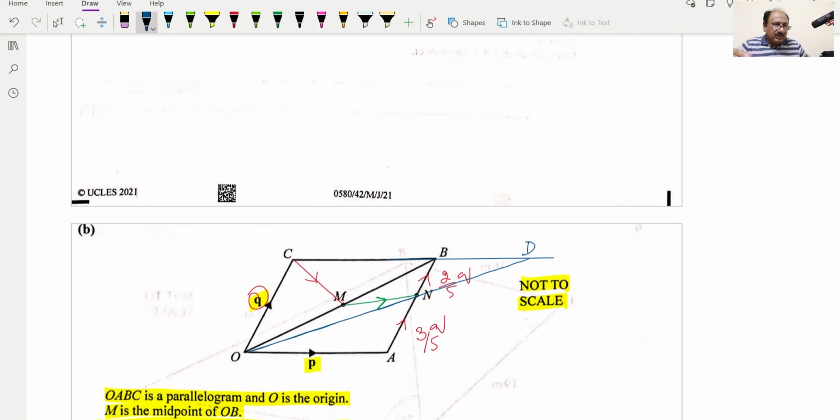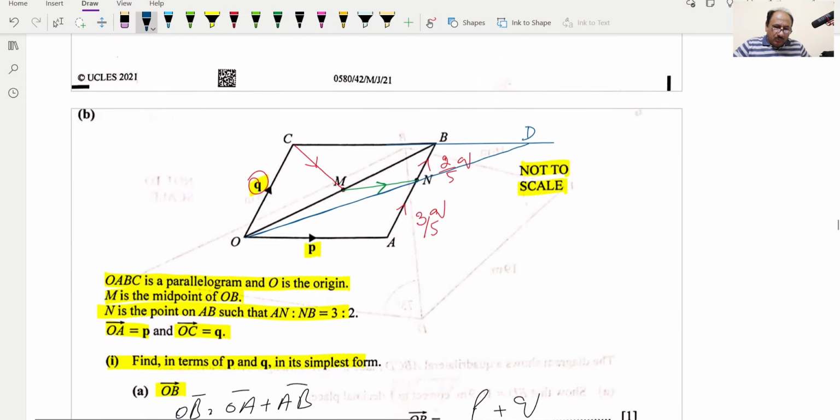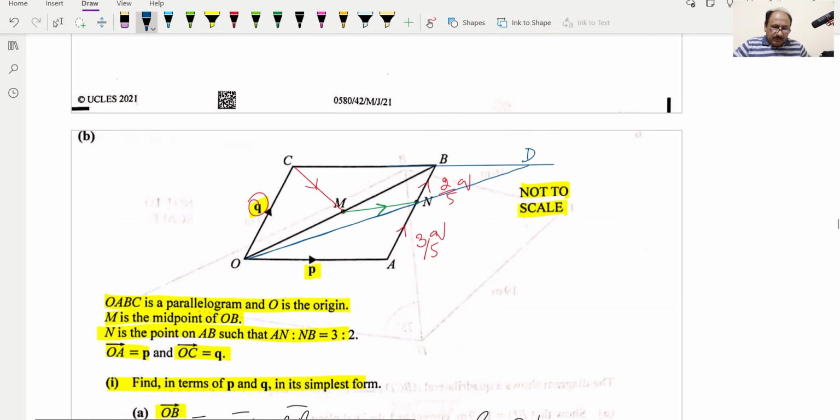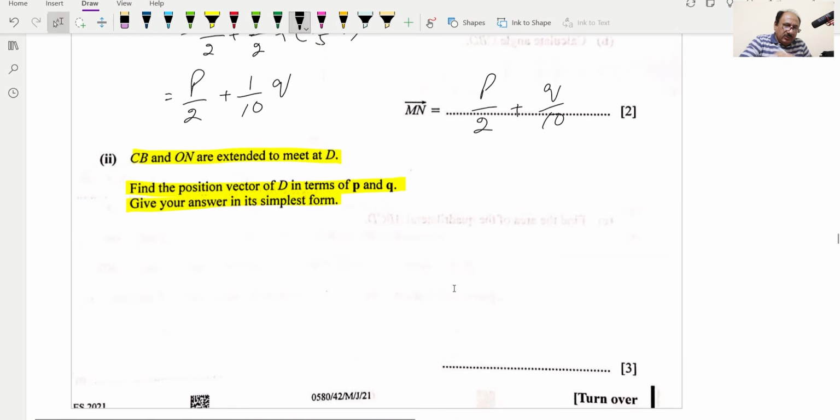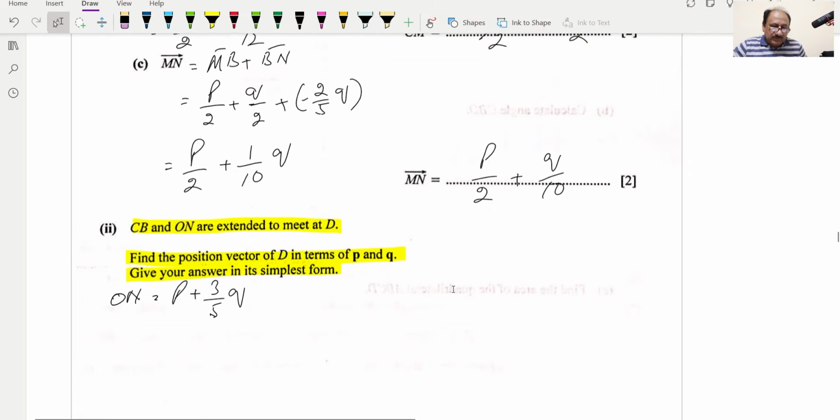Now first of all we will write ON. ON is equal to P plus 3 by 5 Q, which we have just explained.